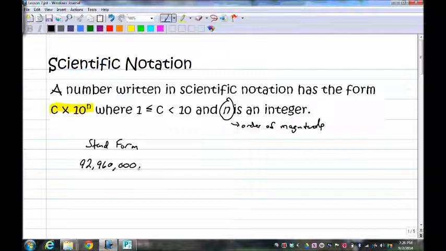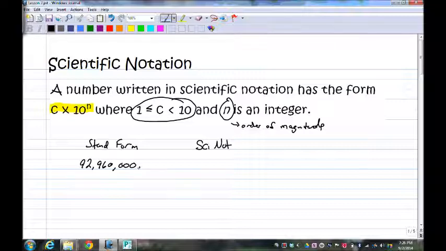I want to move this decimal to the left so that the number in front of the decimal is in between 1 and 10. It can include 1. Actually, it's just digits 1 through 9.